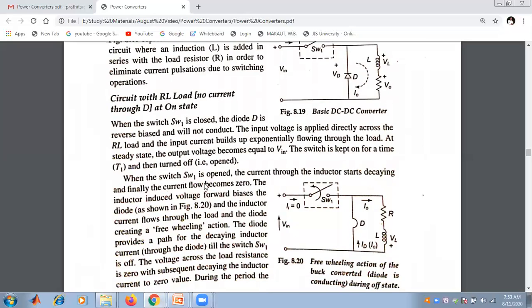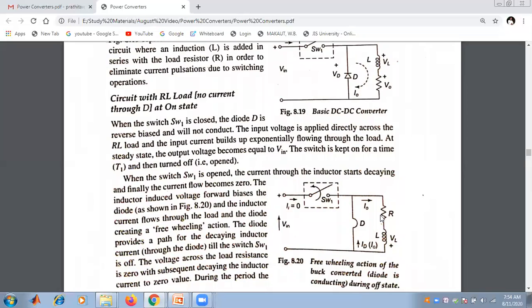So when the switch is opened, the current through the inductor starts decaying and finally becomes zero.